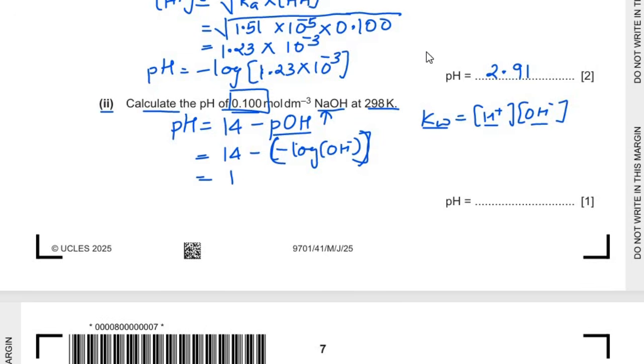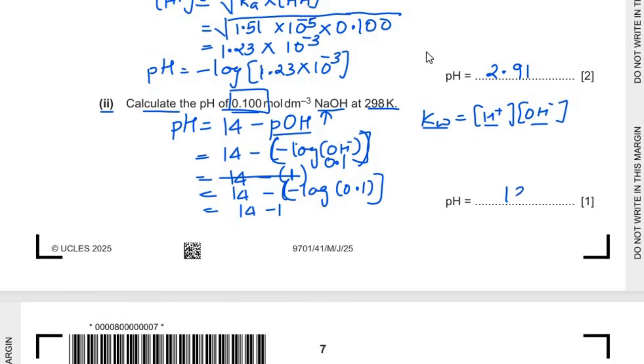So if we substitute this value, we have 14 minus of 1, because minus log of hydroxide ion, that is 0.1. Let me write it fully here, 14 minus log of 0.1, and so we get 14 minus 1, and so the pH is 13. I hope it's very clear. We can do it as 14 minus pOH. pOH is what?